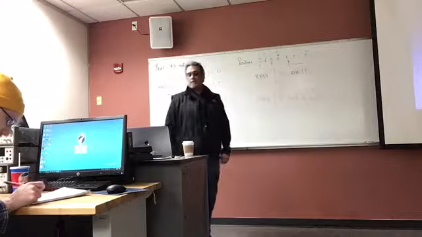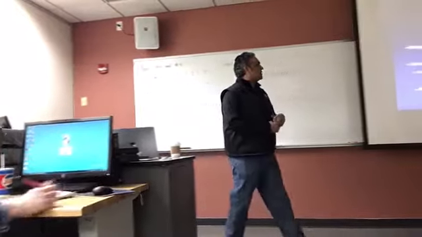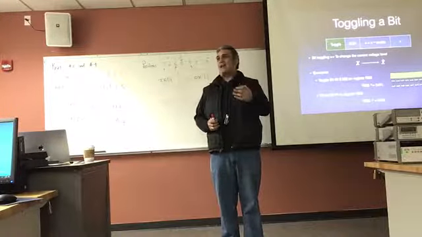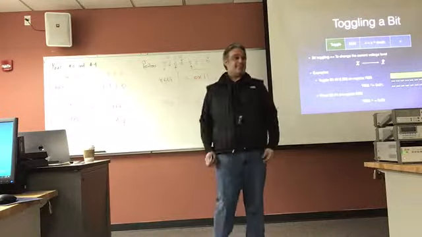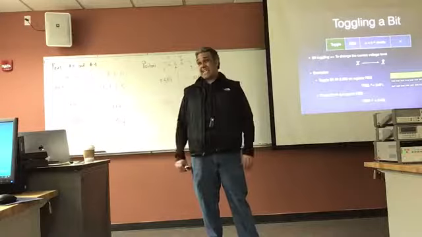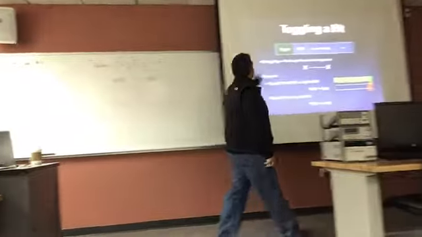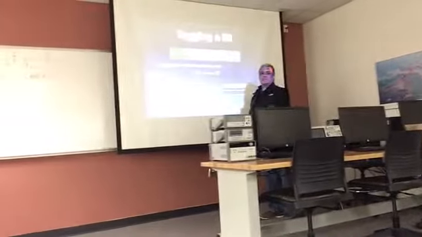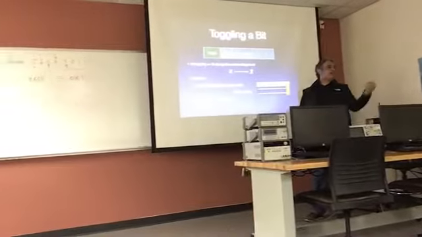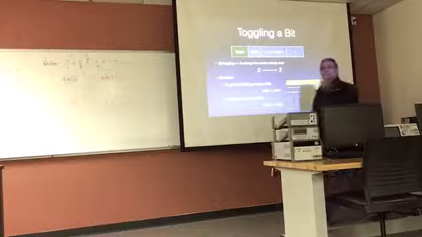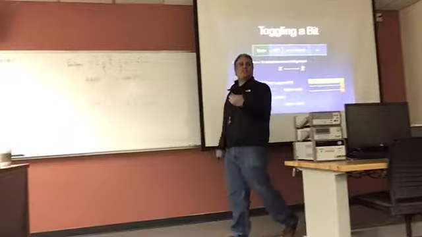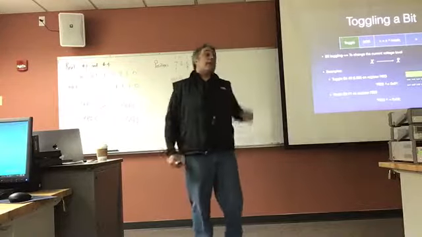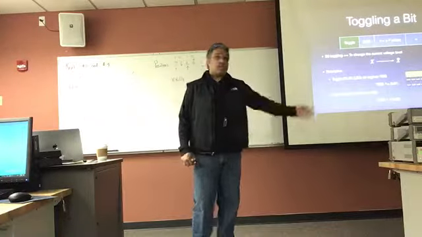Okay, here's toggle. I'm not going to spend too much time on toggle because toggle and set are exactly the same. Everything is the same. It's a positive mask. So to toggle means to change the current voltage level. That's what that means. So if I have a circuit and I want to change its voltage level, I just simply go and toggle it. And the voltage level will change. Regardless of what the voltage level is, it will change.